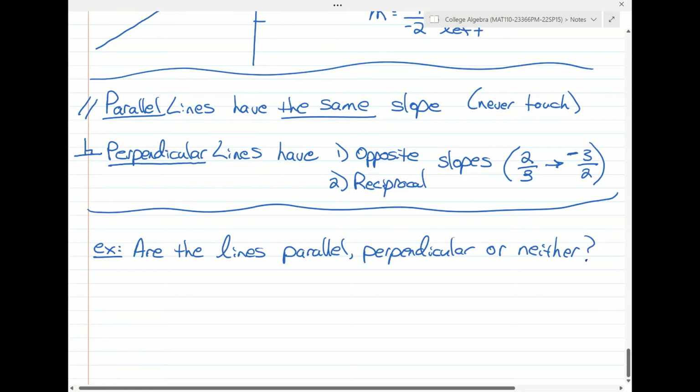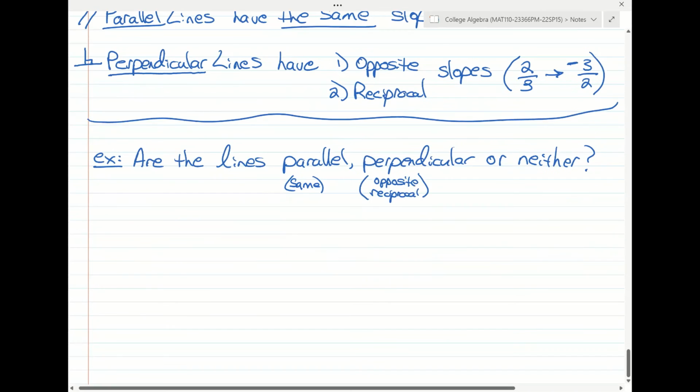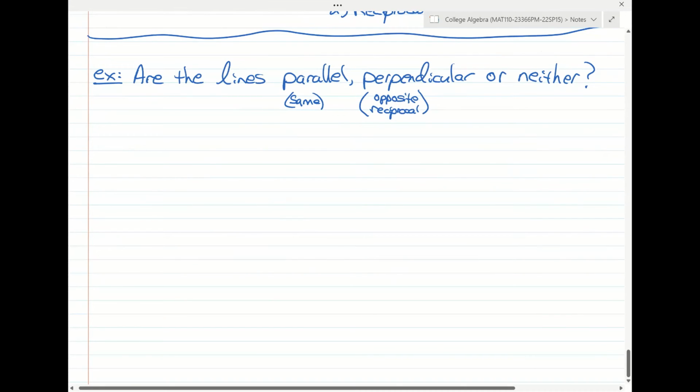I wanted to give you 3 examples so you could see the difference between parallel, perpendicular, and neither. Parallel means that they have the same slope. Perpendicular means they have the opposite and reciprocal. And neither just means none of those 2 cases happen. So let me give you 3 examples, and we'll move on to the final section.